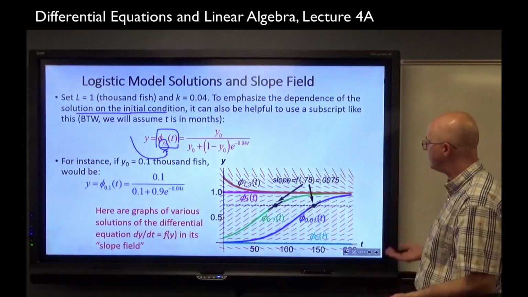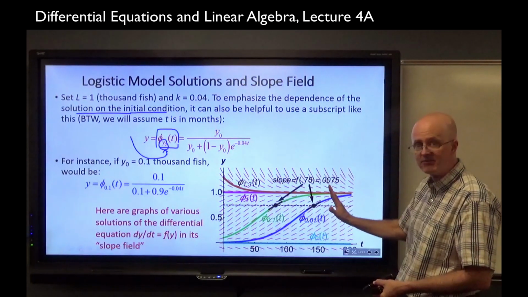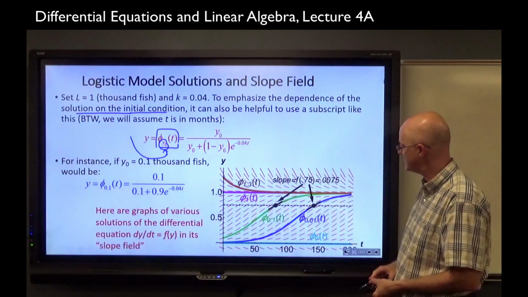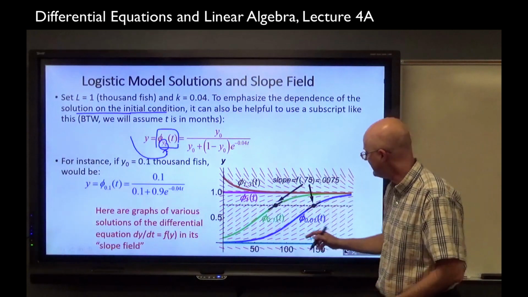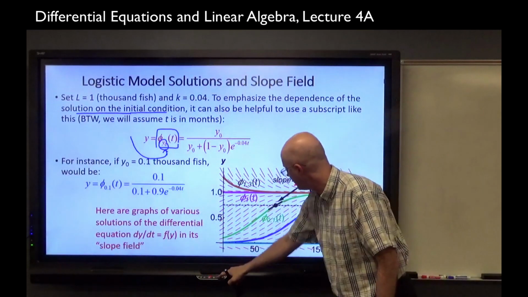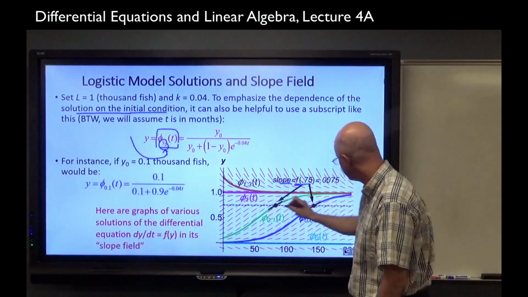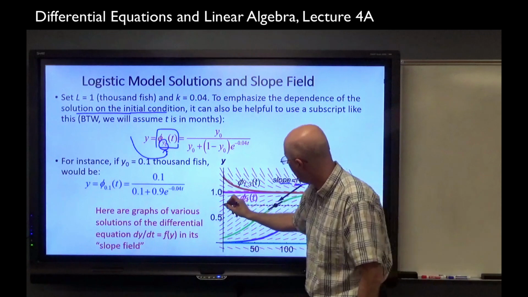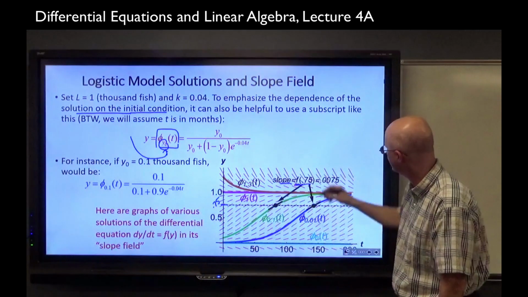You make a ty plane, and you make a bunch of line segments in some grid of points with certain slopes. The slopes are determined by the function f, the right-hand side of the differential equation. The slope is f of 0.75 in this example because y is 0.75 right there. I'm plugging 0.75 into the function.